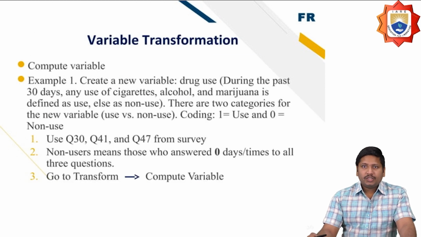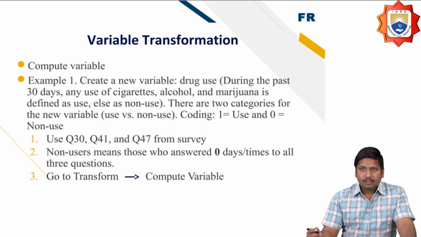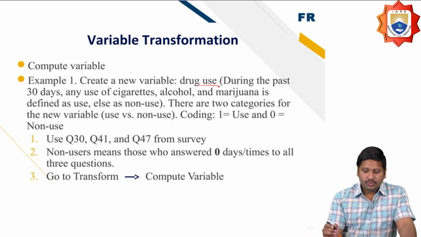For variable transformation, you have to compute the variable first. For example, create the variable drug use: during the past 30 days, if they used cigarettes, alcohol, or marijuana, it is defined as use, or else not use.